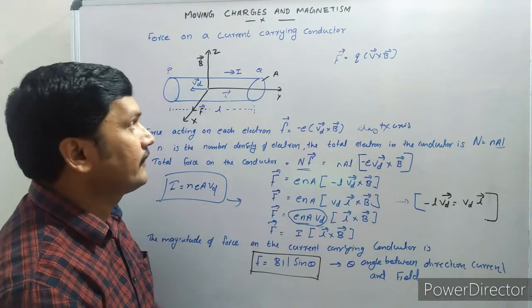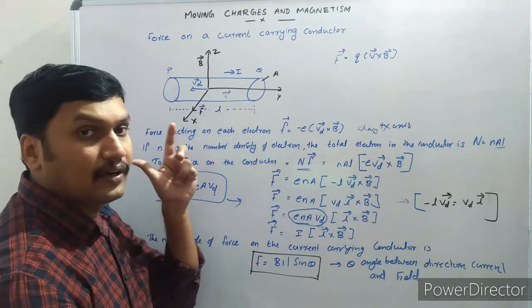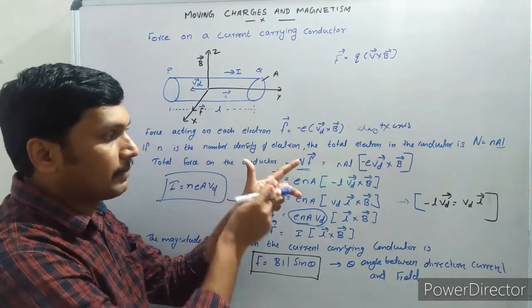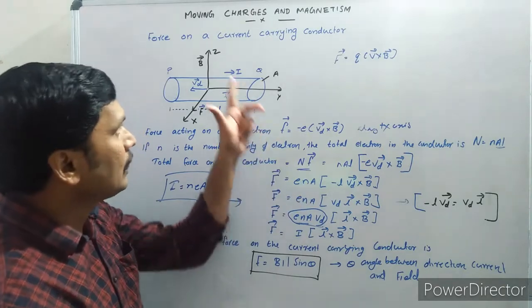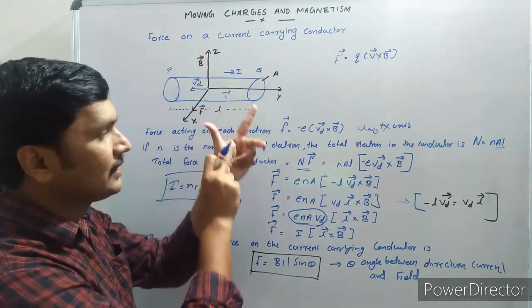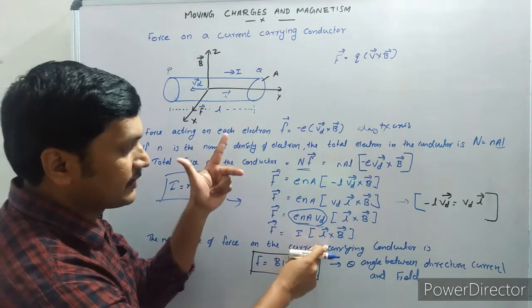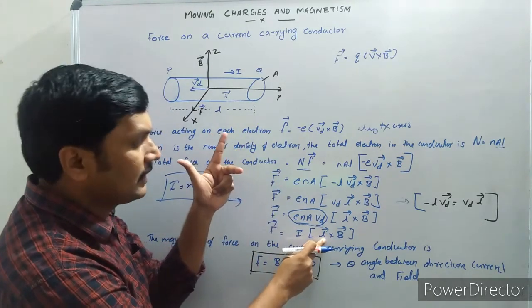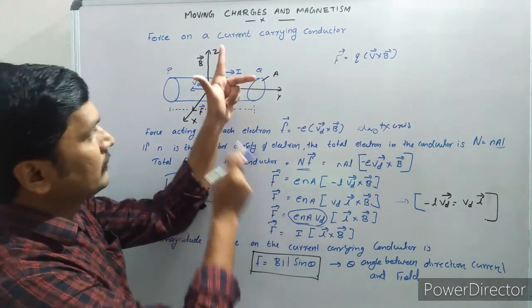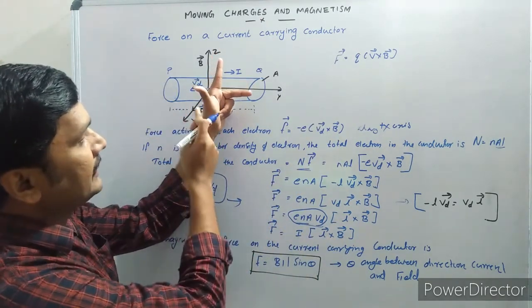To apply Fleming's left hand rule, first stretch the first three fingers of the left hand mutually perpendicular to each other. Now point the forefinger in the direction of magnetic field and the middle finger in the direction of length, because length has a direction, that is, the direction of current, and now the thumb indicates the direction of force.